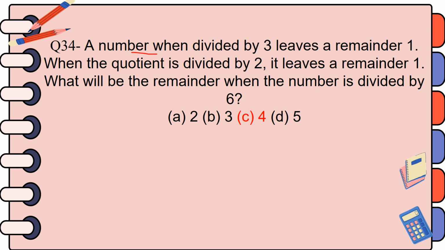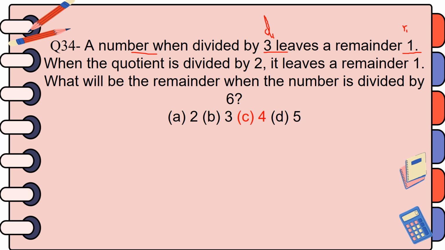When that number is divided by 3, say this is divisor 1, there is a remainder, and the remainder is 1. Say this one as R1, remainder 1.